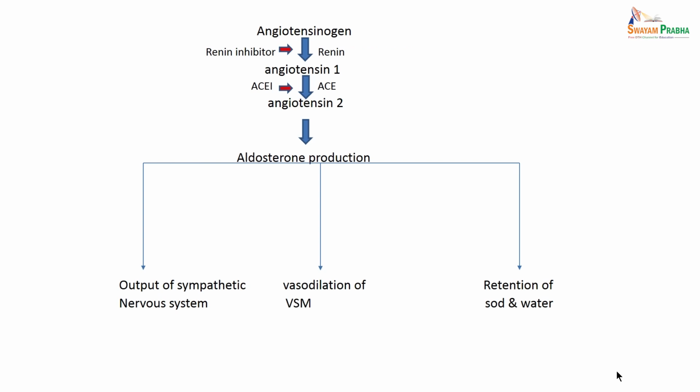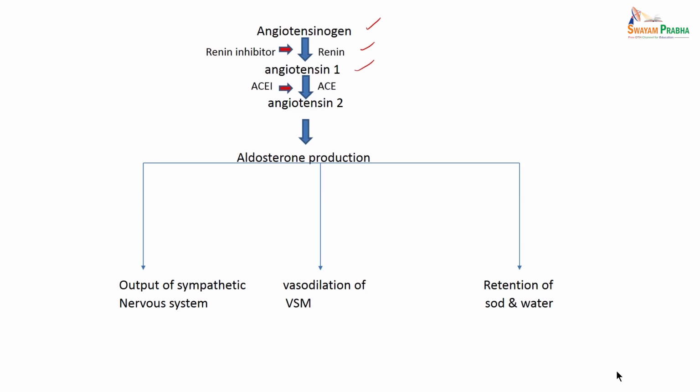Now, for example, if you look at the figure, there is angiotensinogen. You give renin inhibitors, which block the formation of angiotensin, and ultimately it cannot convert from angiotensin 1 to 2 because the angiotensin converting enzyme is blocked by ACE inhibitors.